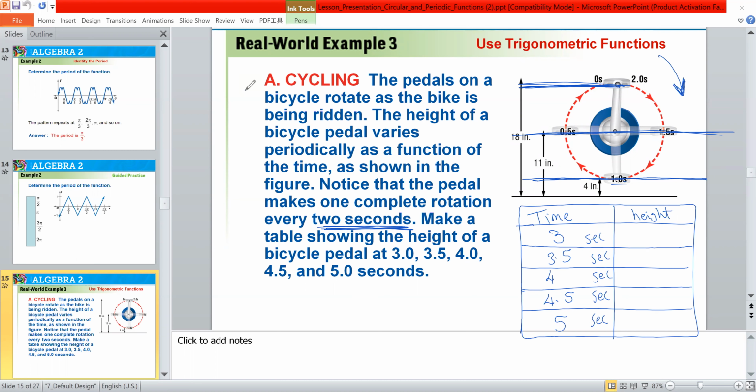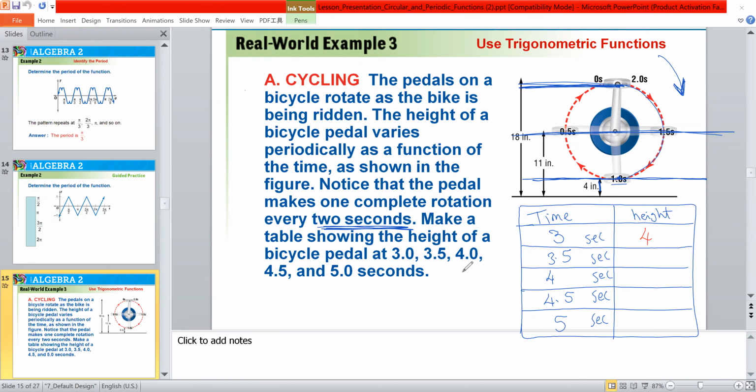4 inches, excellent. Because if we add 1 second, it will be here. So the height here will be 4.